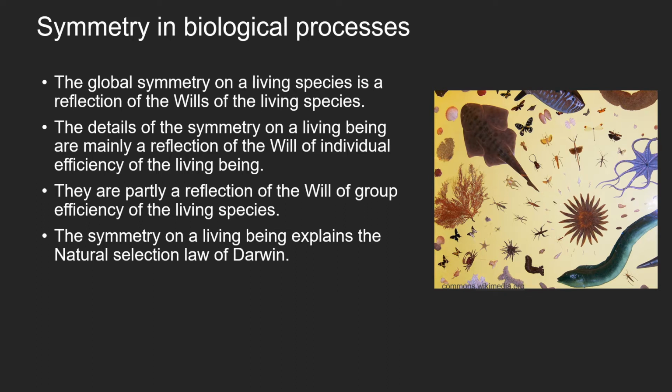You could see the capability of a living being from the details of the symmetry on its body. You could also see the attractiveness of the living being from them. The symmetry on the body of a living being explains the natural selection law of Darwin.